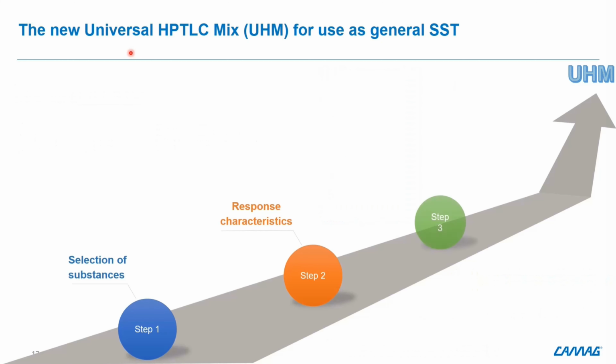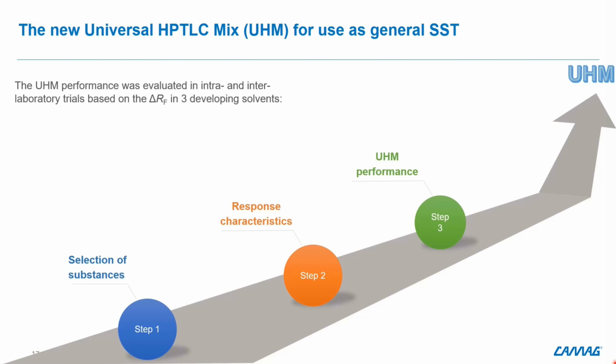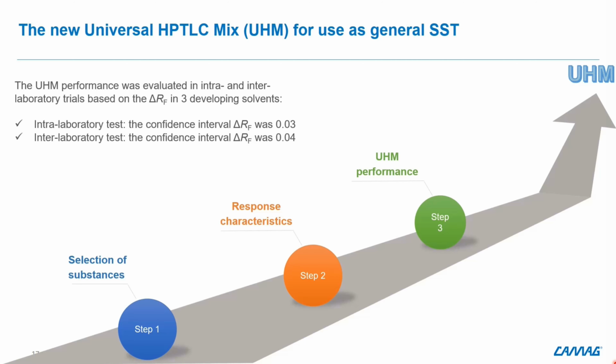Then in the third step, intra- and interlaboratory trials with 5 HPTLC equipped labs were performed. The confidence interval within the same lab was within an RF shift of 0.03 and within different labs of 0.04.